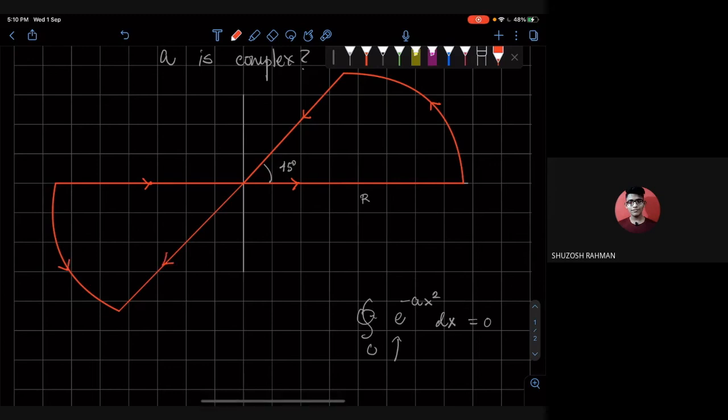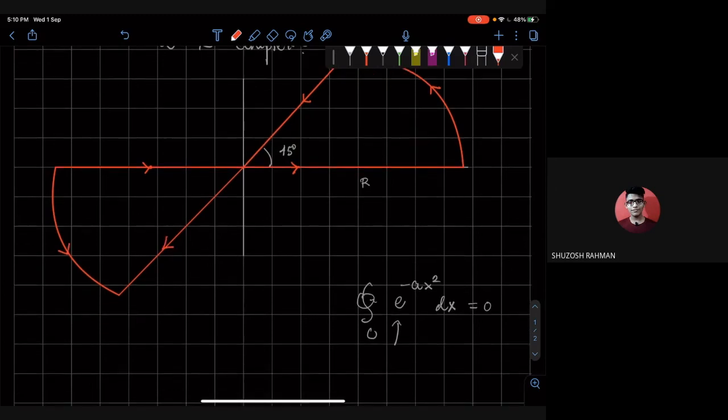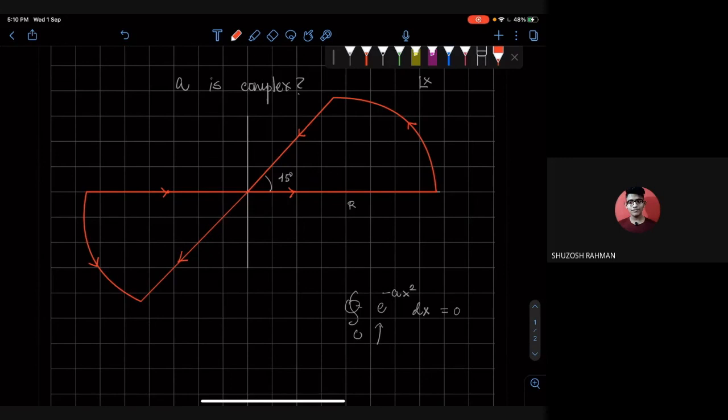Now I'm going to leave this as an exercise. You can call this contour C1 and this C2, and you can break up C here into C1 plus C2.